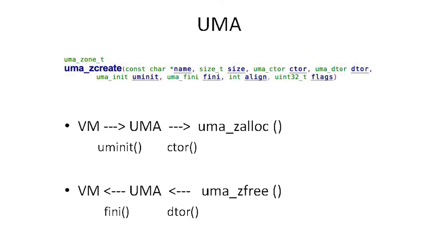So when you use MemGuard to protect this zone, you will allocate from the memory, call init, call the constructor, and return to the user. After the user calls UMA free, you will directly call the destructor and fini, and return to the VM system. So if you use MemGuard, you lose the cache efficiency, but it simulates all the functionality of this UMA function.